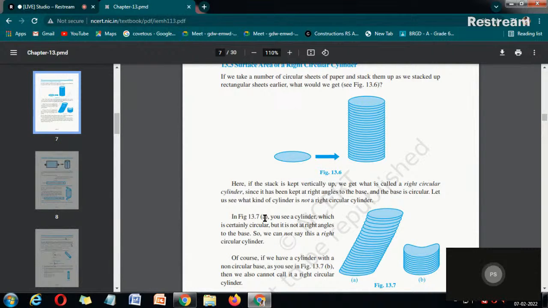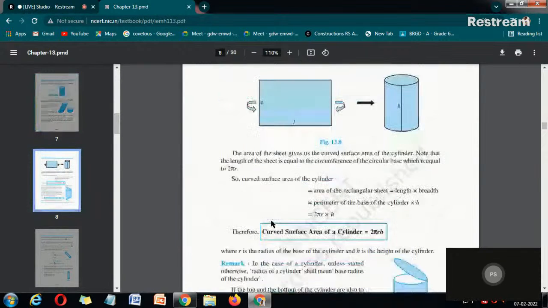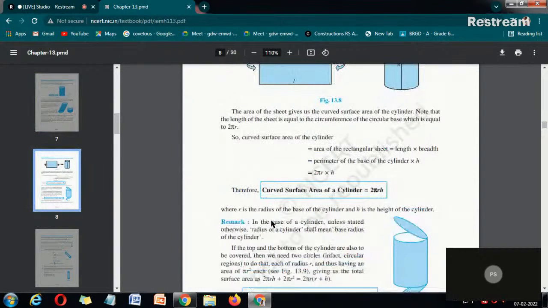Note that the length of the sheet is equal to the circumference of the circular base, which is 2 pi r. So, curved surface area of a cylinder equals area of a rectangular sheet equals length into breadth, perimeter of the base of the cylinder into height. 2 pi r h is the curved surface area of the cylinder, where r is the radius of the base of the cylinder and h is the height of the cylinder.